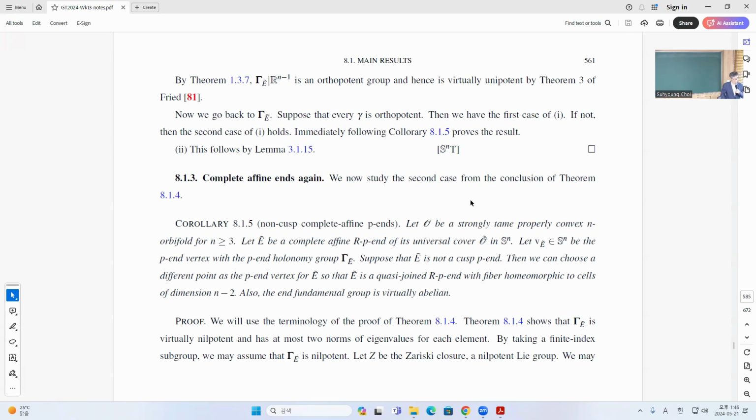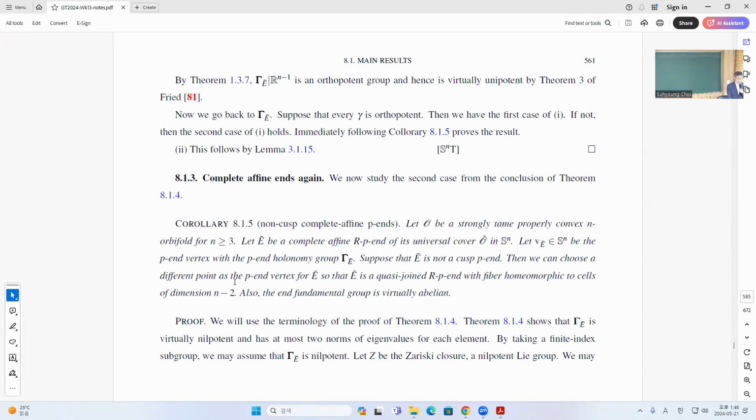Okay, so now 8.15 is the non-cusp case, and so assume it satisfies the complete affine R^n, and then it's not a cusp.